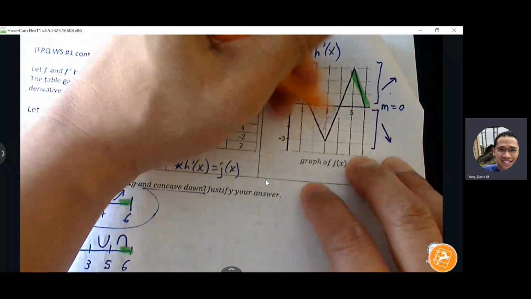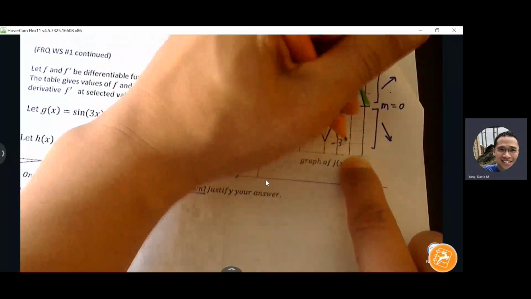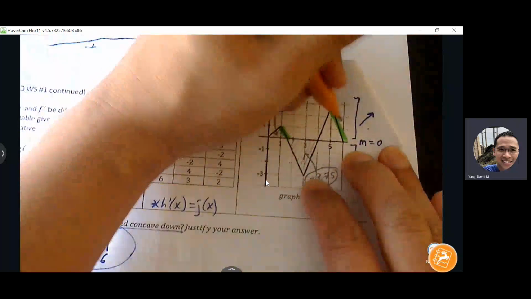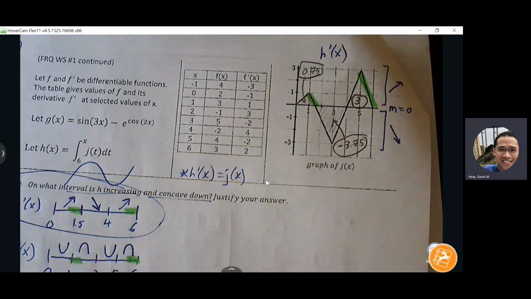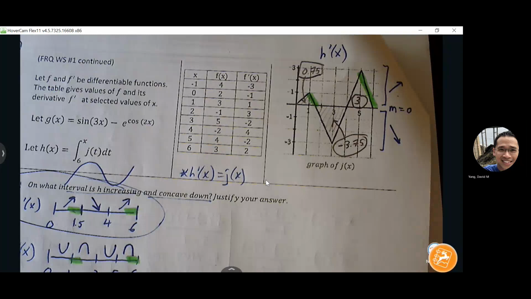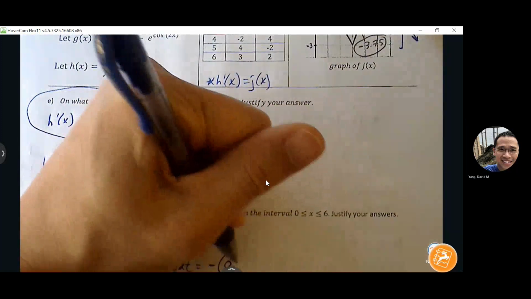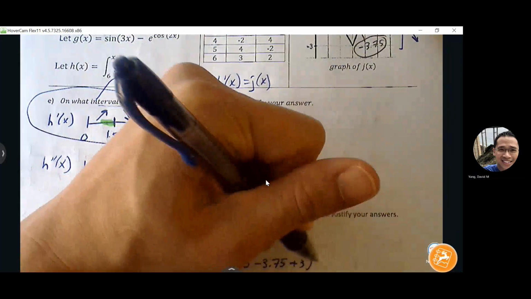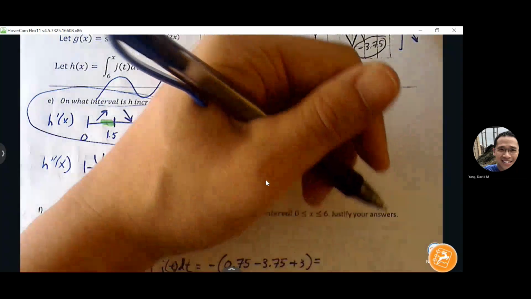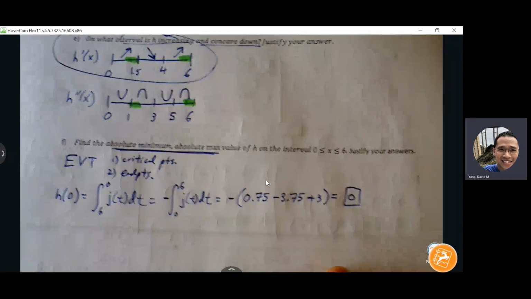This is a triangle, but we have to make sure we make this negative, right? So negative 3.75. And we know that this is a positive 3. So from 0 to 6, I just add up all those numbers, but I need to make sure I put a negative in front of what I add up together. It ends up actually giving us 0.